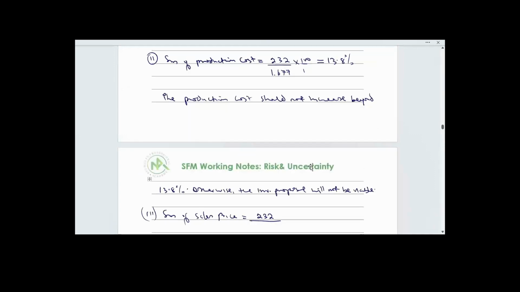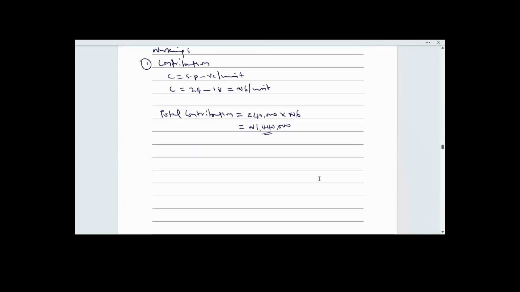We don't have present value of sales price in our calculation, so we need to go and do working for PV of sales price. Working number 2, present value of sales price.